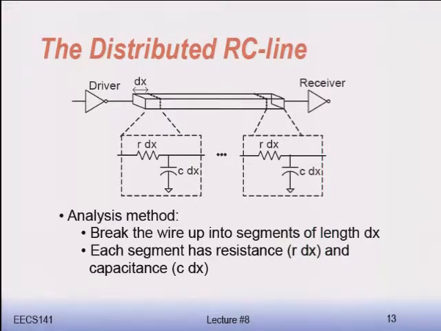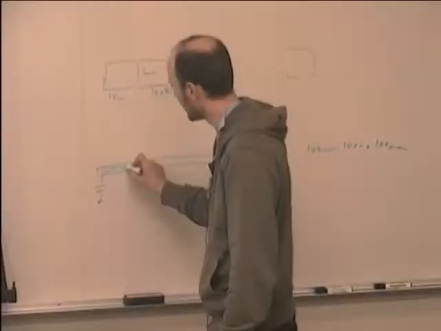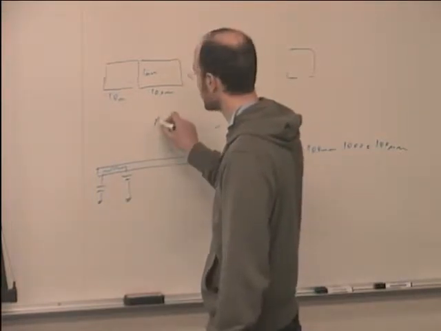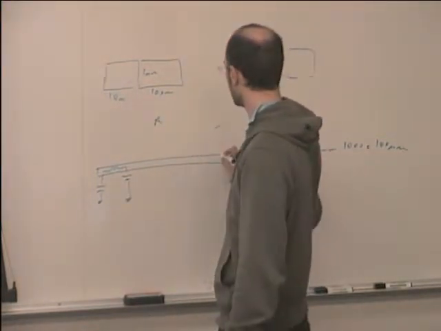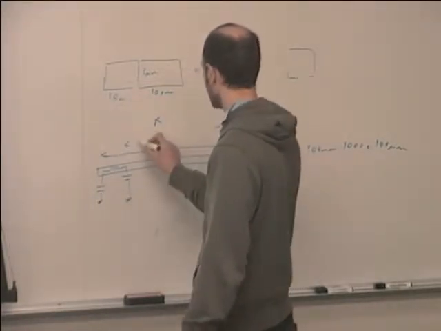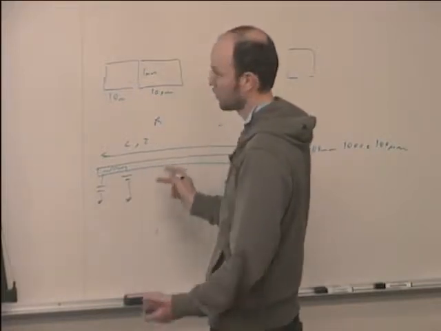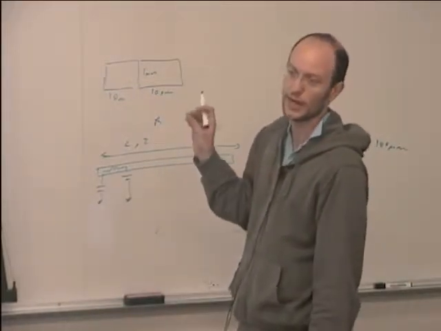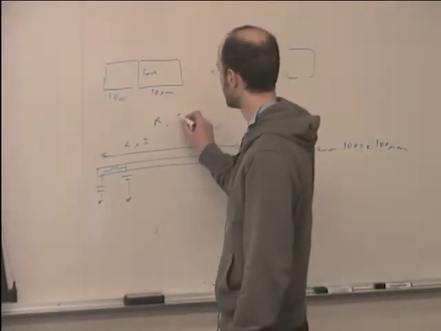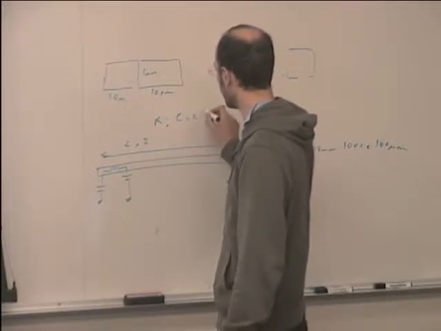In other words, if I have this long wire here, seen from the top, then every section will add C and R. So let's say that the total resistance of this wire is R, or in other words, this wire has a length L, and it has a resistance per unit length which we indicate with small r, times L, just like here. And then it has a total capacitance C, which is equal to small c times L.